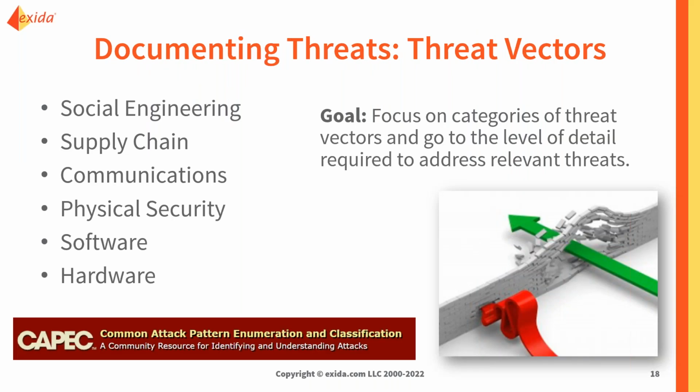But at a high level, or at a simple level from the threat standpoint, we want to think about the specific paths that attackers can take to gain access to the system. And so the way we'll do that is by listing threat vectors.